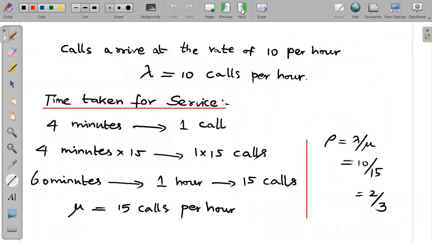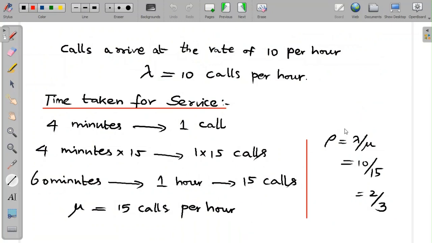The calls arrive at the rate of 10 per hour, so lambda is 10, in terms of hours. The time taken for service is 4 minutes per call, so we'll convert that into hours: 60 minutes for 15 calls. So we have mu, the service rate, at 15 calls per hour.